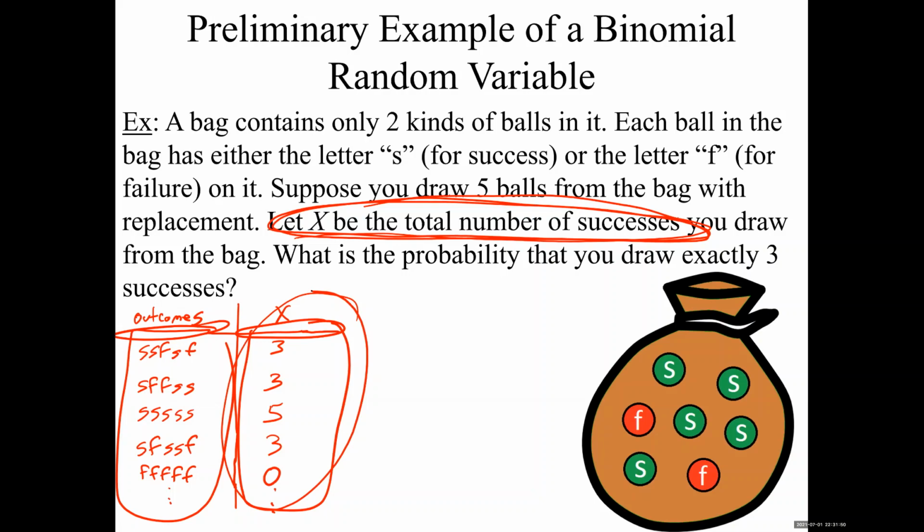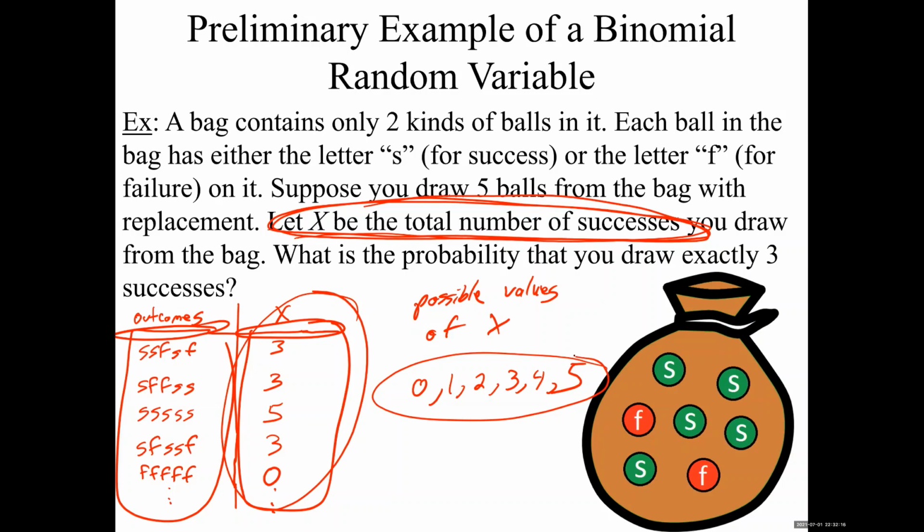No, because it has to be a whole number. It's going to count 1, 2, 3, 4, how many successes you have. So the possible values of X are 0. Please don't forget 0. Students often forget the 0. You could get 0 successes or 1 or 2 or 3 up to however many times you're drawing total, in this case 5. So it's got to be a whole number, and it has to be between 0 and 5.